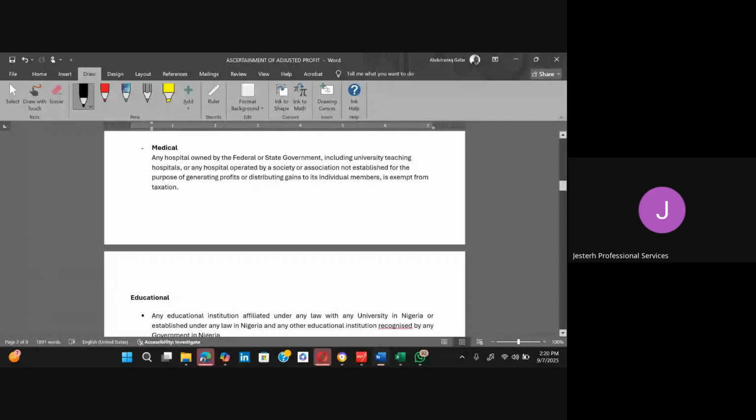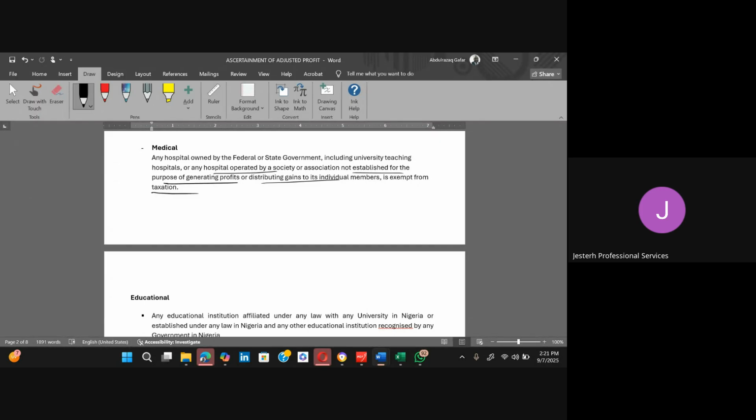Then for medical, any hospital owned by the federal government or state government, including all the university teaching hospitals, or a hospital operated by a society or association not established for the purpose of generating profits or distributing gains to individual members, is exempt from taxation.